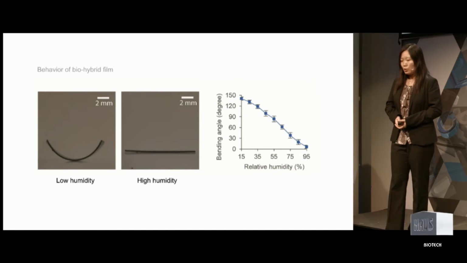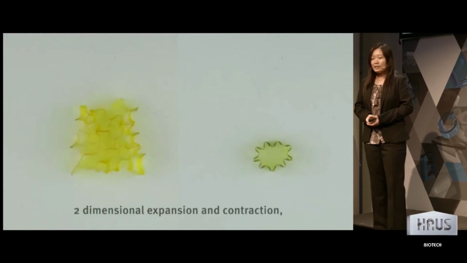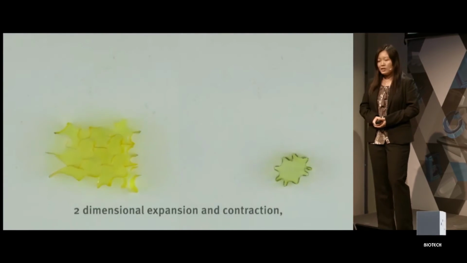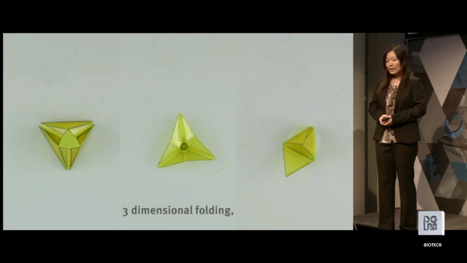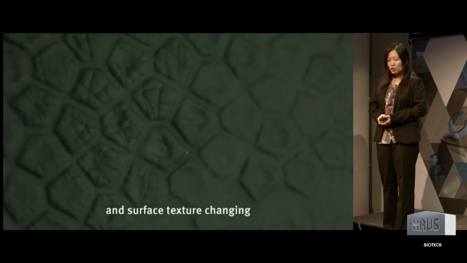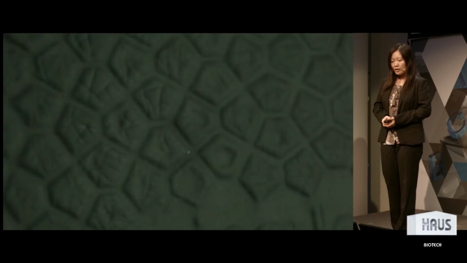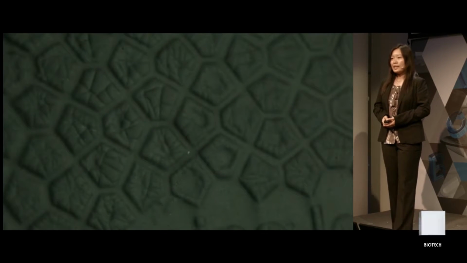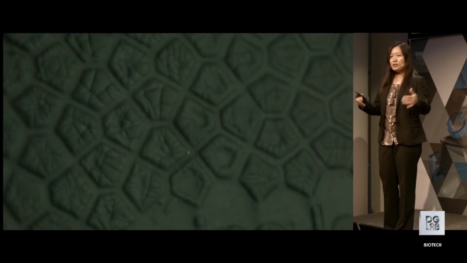So with this tool, we started working on different types of design, such as one-dimensional shrinking, two-dimensional folding and expanding, even three-dimensional origami structure change, or changing the surface texture of the whole material.